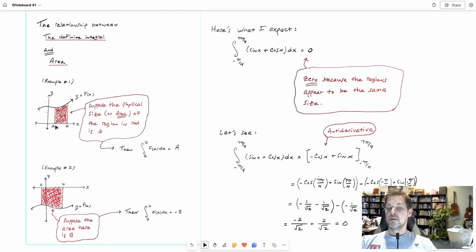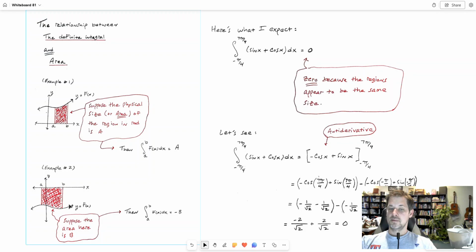Now, that more or less is the connection between area and integrals, as long as I show you this one other case. This time I have a function f of x that's entirely below the x-axis from a to b.